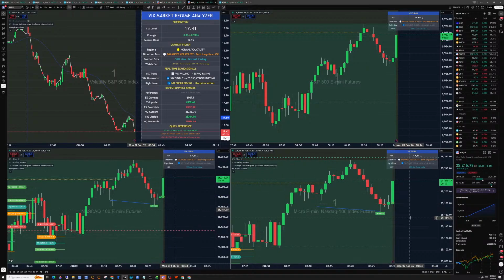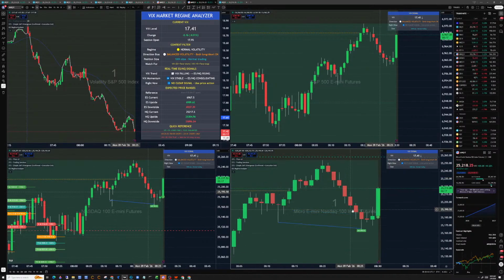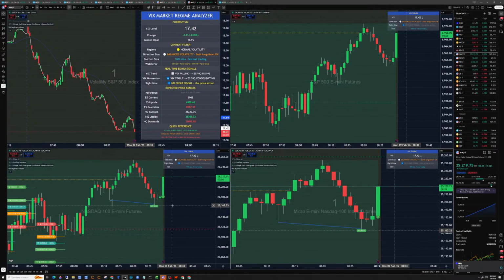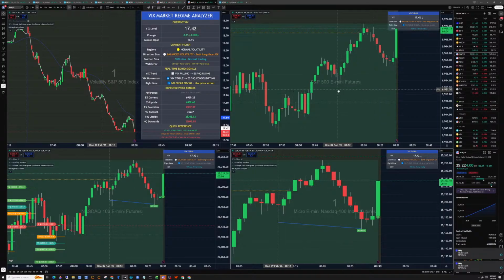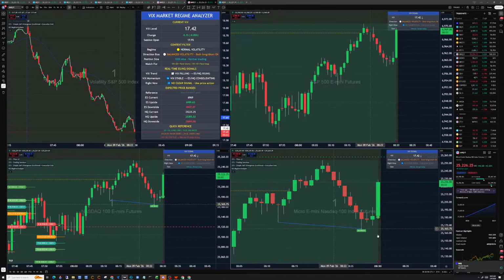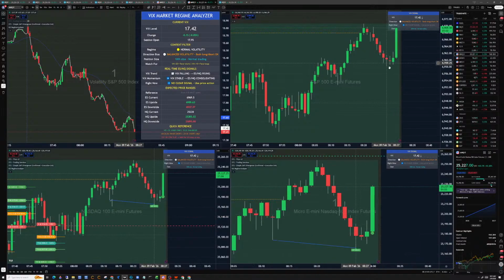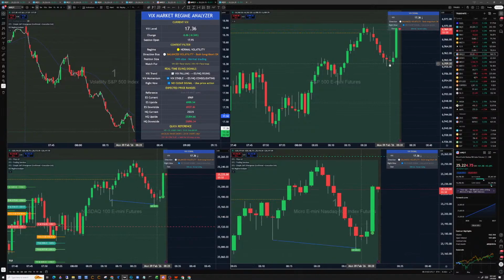Good. Definitely. So we just got a little bit of a divergence here between MNQ and ES, and NQ and ES. Let's see how that looks here. I see, we had lower lows on MNQ and NQ while we had higher highs on ES.